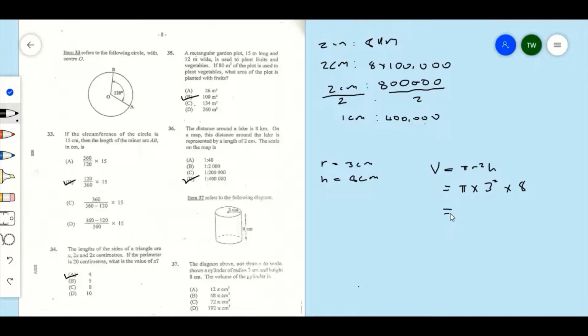So the final answer is going to be 3 times 3, that's 9, and 9 times 8, that's 72, and 72 times pi, so our volume is going to be 72 pi cubic centimeters. So the answer for this question would be C. All right.